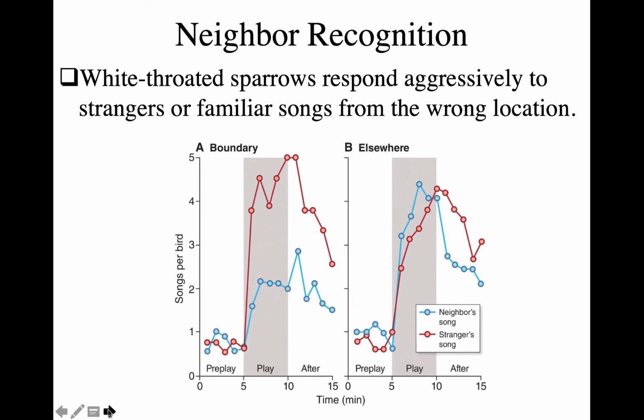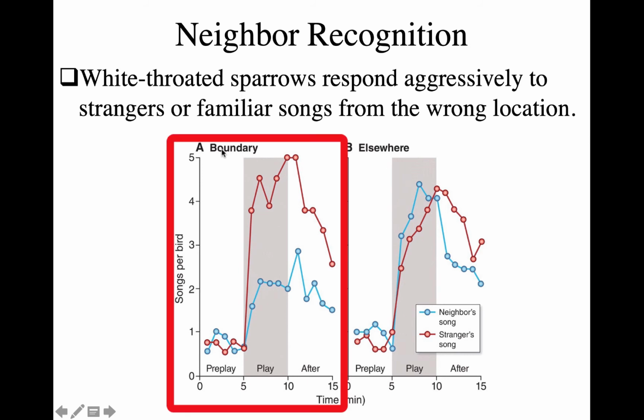So here's a study that demonstrated that. If we look at a normal boundary situation in which you do an artificial study where you're playing back a vocalization that is either a neighbor song coming from its correct area or a stranger song coming from that area, which should elicit, like, hey, what's going on? I don't know who that is. They're in Bob's territory.